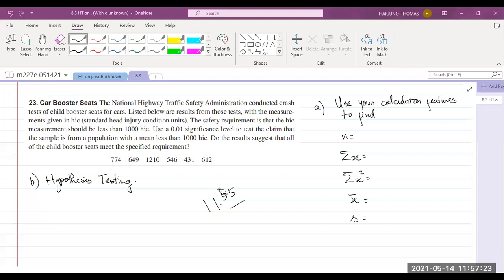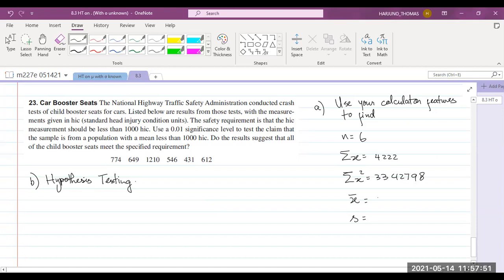Okay, let's continue with the lesson. I plug this into my calculator and I get n is 6, of course. The sum of x is 4,222. The sum of x squared is 3342798.